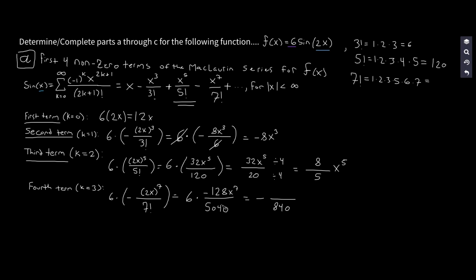So there will be cancellation, just not all the way in the denominator. And then in the numerator, it's going to be 128 times x raised to the 7th. And then we could simplify this further. I don't even know what they're both divisible by.